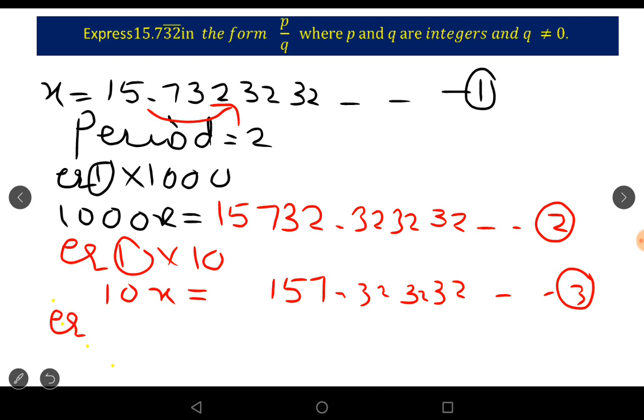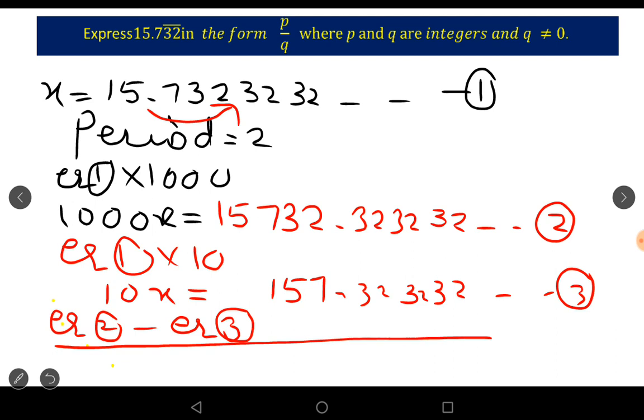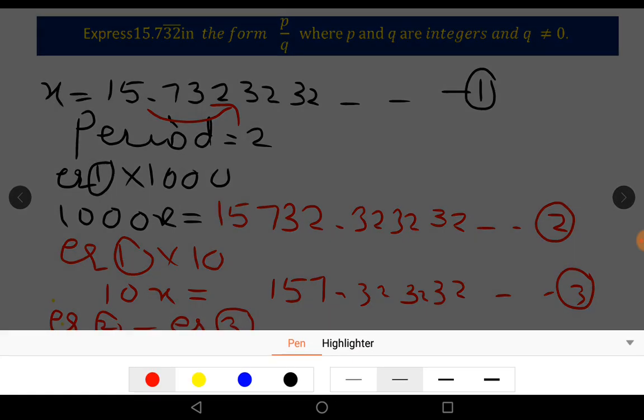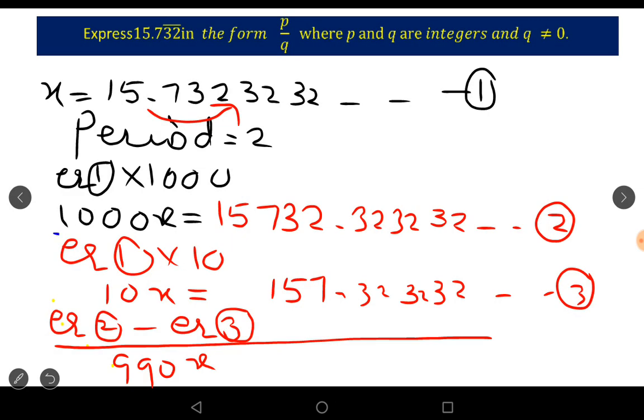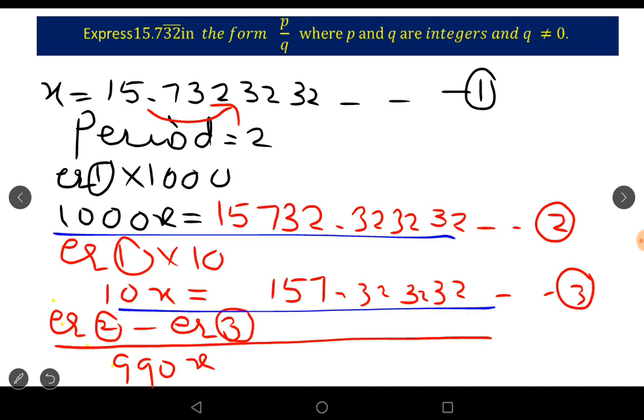In this problem we subtract equation 2 minus equation 3. Observe here, 1000x minus 10x, 990x. This is the equation 2, this is the equation 3. 1000x minus 10x equal to 990x.